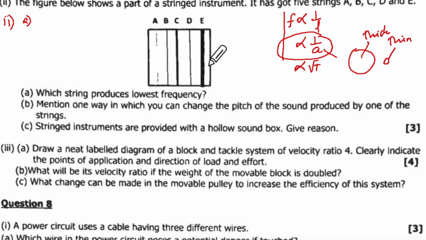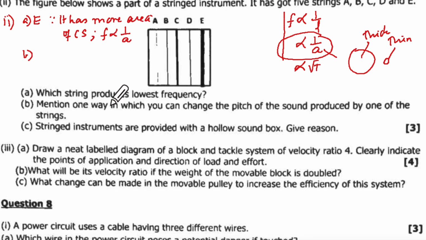So you will say E right over there, since it has more area of cross section. I'm writing CS for cross section, and putting a comma and saying frequency is inversely proportional to A.